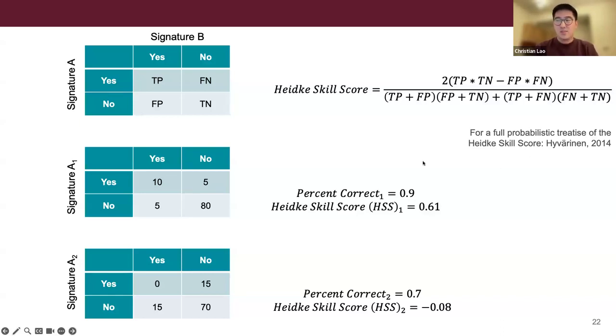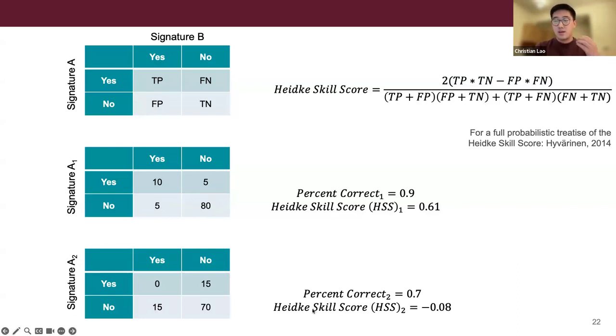And back to our toy examples. I said before that you got quite good scores, even when you hedged. Now, as before, we got percent correct 0.9 of 0.7. The Heidke skill score evaluates a 0.61 for this toy example, where the two signatures do see each other.